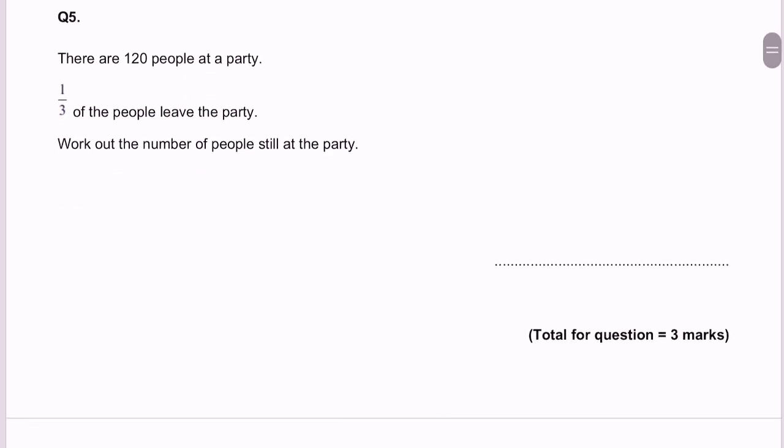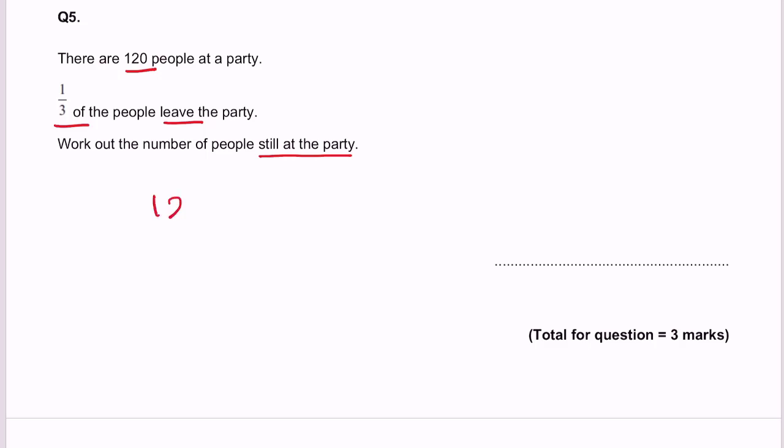Question 5. There are 120 people at a party. 1/3 of the people leave the party. Work out the number of people who stay at the party. So 120 people, 1/3 of the people leave the party. We need to find out how many people stay. Okay, so first work out the number of people who leave.